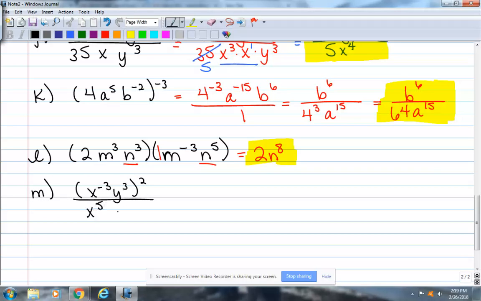X to the 5th, y to the 6th. That's a 5 right there. I can't make a good 5 today for nothing. What do y'all think we're going to do first here? Parentheses, yeah. So that means everything on the inside of the parentheses gets a square.